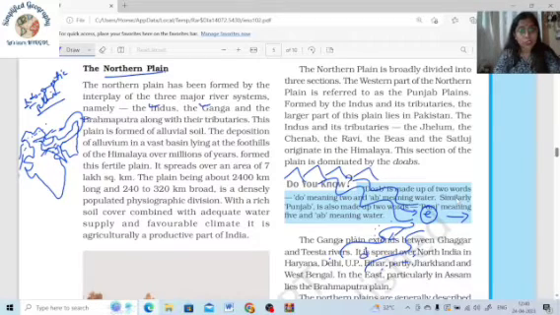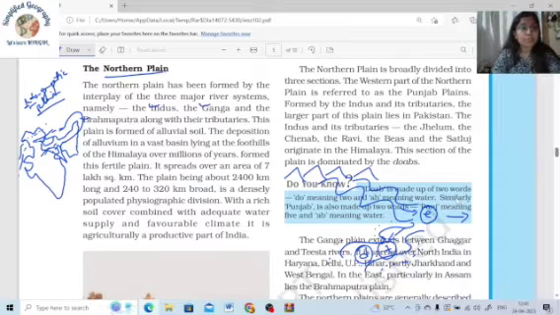So erosion, deposition and transportation are the three actions the rivers are doing. Rivers are giving several landforms in their whole life cycle. We will read about it in the drainage system later on in detail.